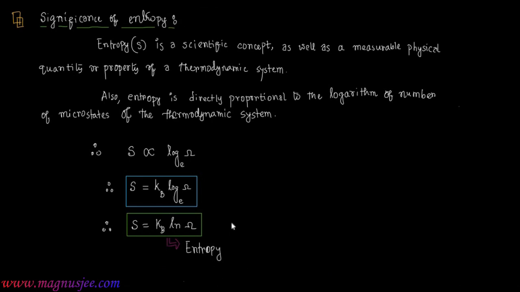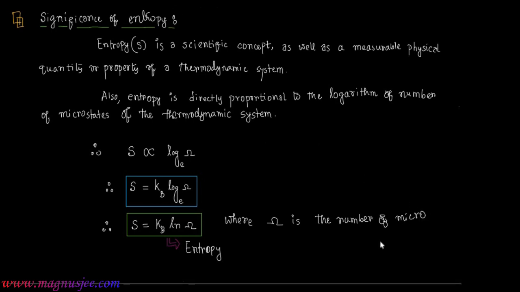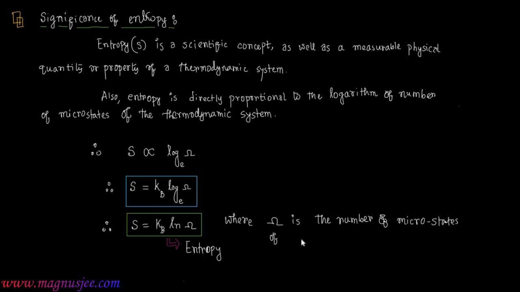That means S is numerically equal to the product of Boltzmann constant kB and ln omega, where omega is the number of microstates of the thermodynamic system.